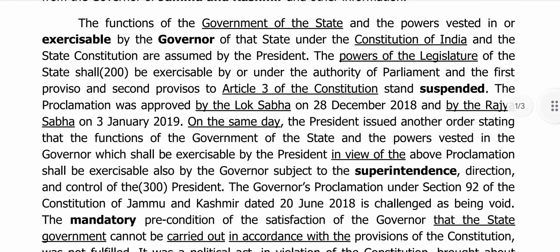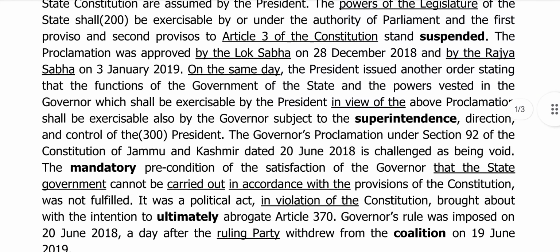The functions of the government of the state and the powers vested in or exercisable by the Governor of that state under the Constitution of India and the state constitution are assumed by the President. The powers of the legislature of the state shall be exercisable by or under the authority of Parliament, and the first proviso and second proviso to Article 3 of the Constitution stand suspended.